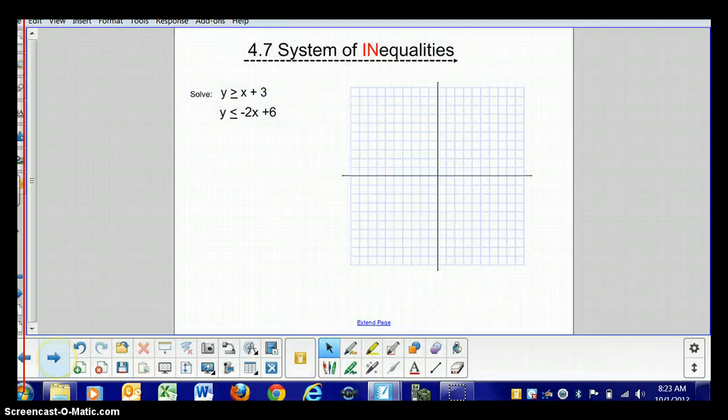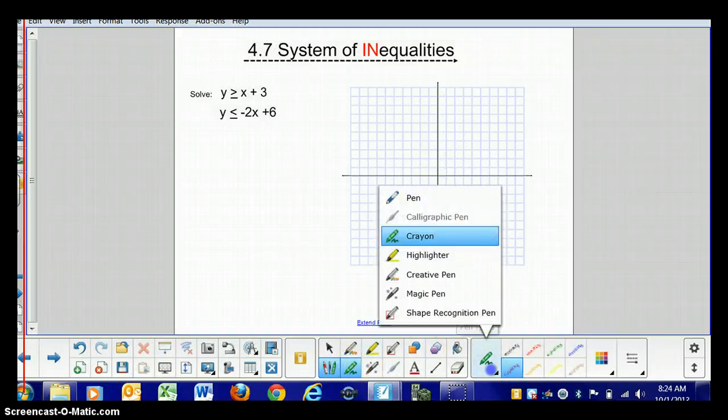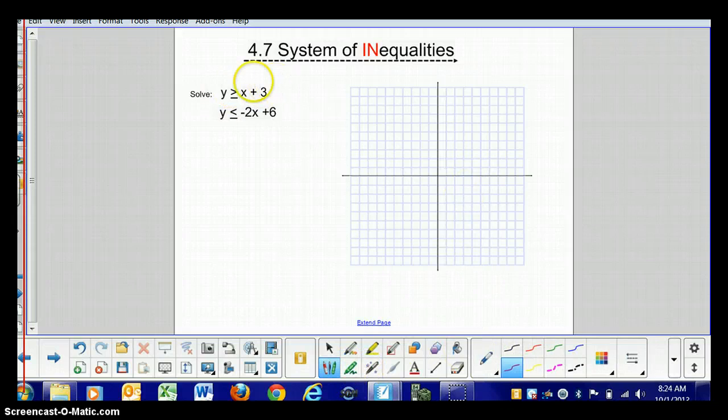Alright, next, let's get to the actual lesson for today. 4.7, system of inequalities. Not system of equations, system of inequalities. So here's a system of inequalities. Here's one inequality, here's the other inequality.